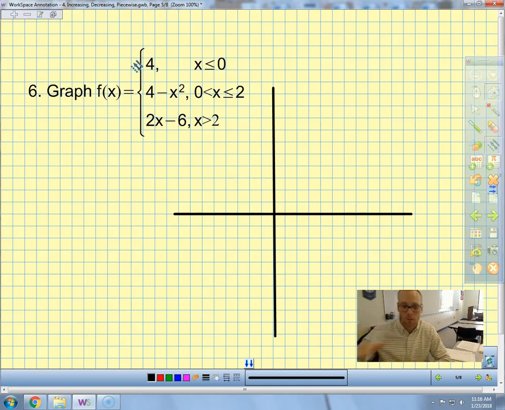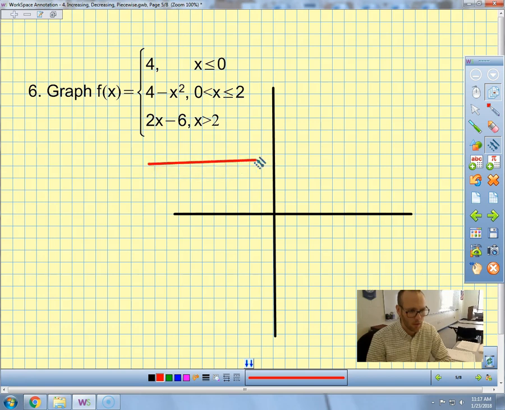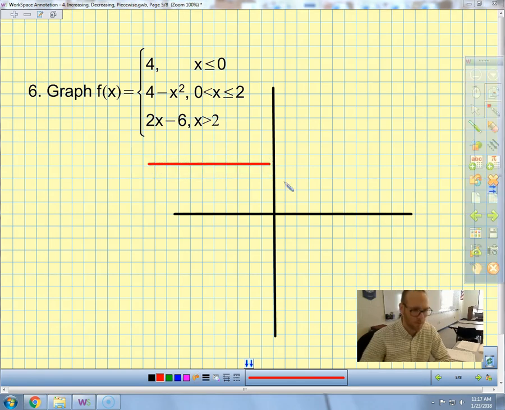Constant function, horizontal line. So here we come, 1, 2, 3, 4. And it's going to do that all the way up to 0, but we have to stop at 0. Open dot, nope, check that, less than or equal to 0, closed dot.